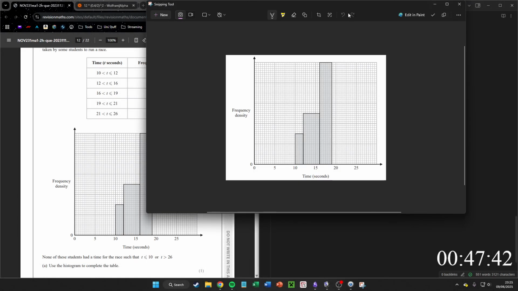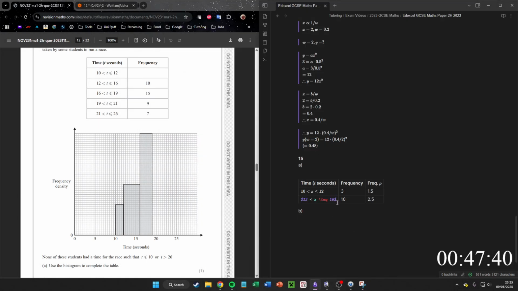Actually, it might be worth finishing that table. Let's just do that. So 16 less than t less than or equal to 19 was 15, and that's a frequency density of 5, which has already been done for us. 19 less than t less than or equal to 21: frequency of 9, width of 2, frequency density of 4.5.